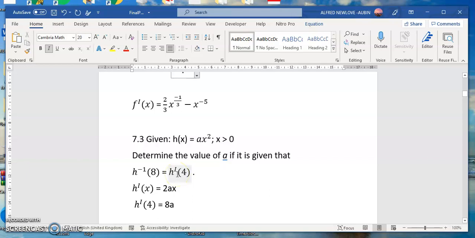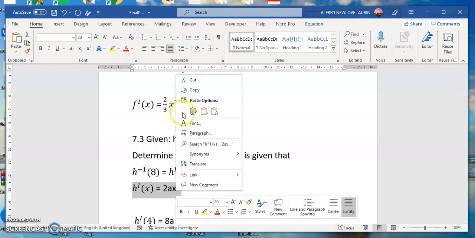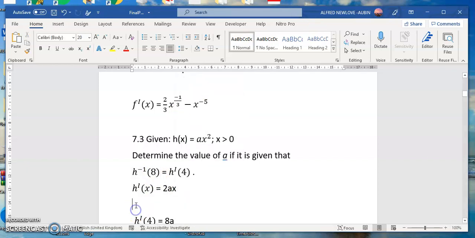So first, let's find the first derivative of h. The first derivative, this 2 will multiply a, is going to give us 2ax. Then when x is 4, you are going to have something like this. So if x is 4, this side is going to be 4, because that's what the question is demanding.